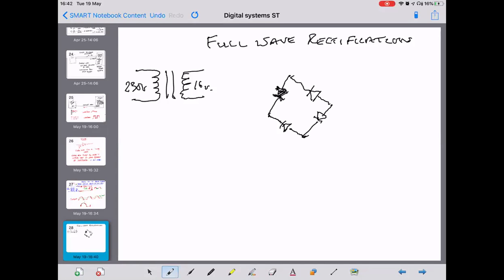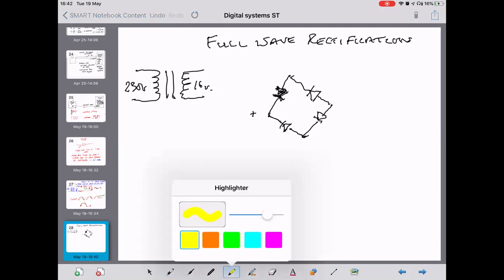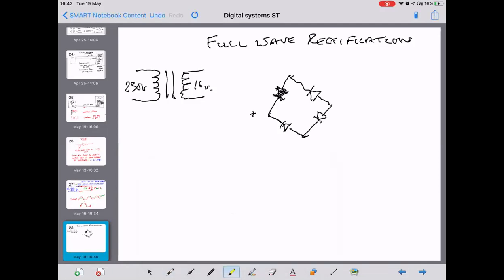Okay. Now what you have is you always have two diodes pointing towards the positive DC terminal. So this diode, and this one, are both pointing towards the positive terminal. And the other two diodes point away from the negative DC terminal.